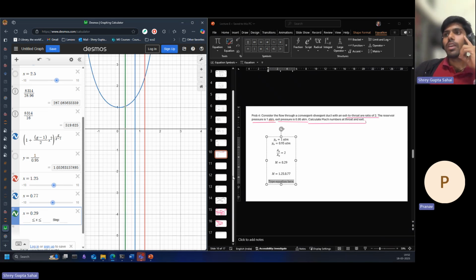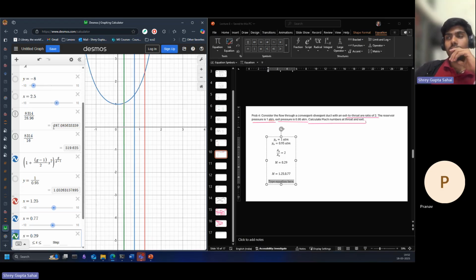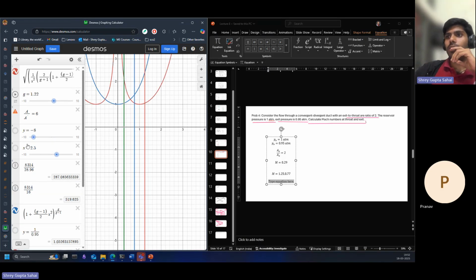Yes. When we apply this formula, the area ratio formula, we are kind of saying that the flow is isentropic, and the flow is also sonic at the throat conditions.